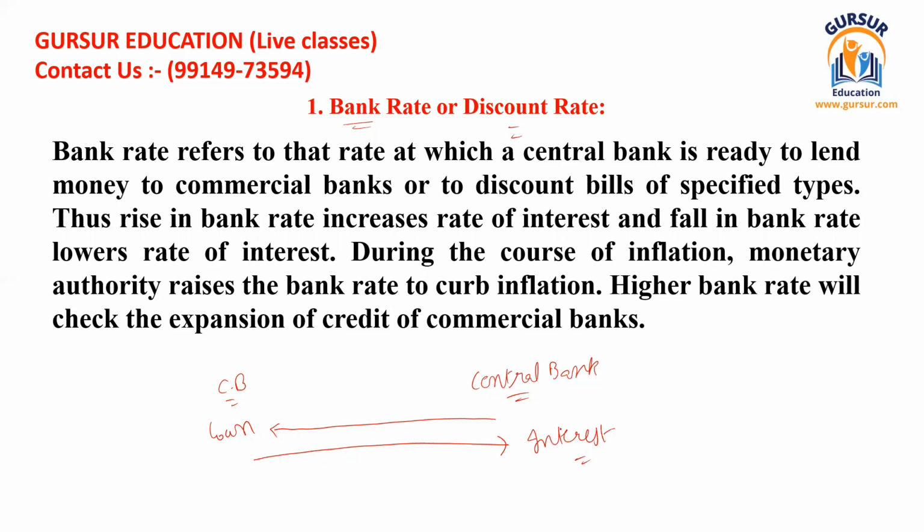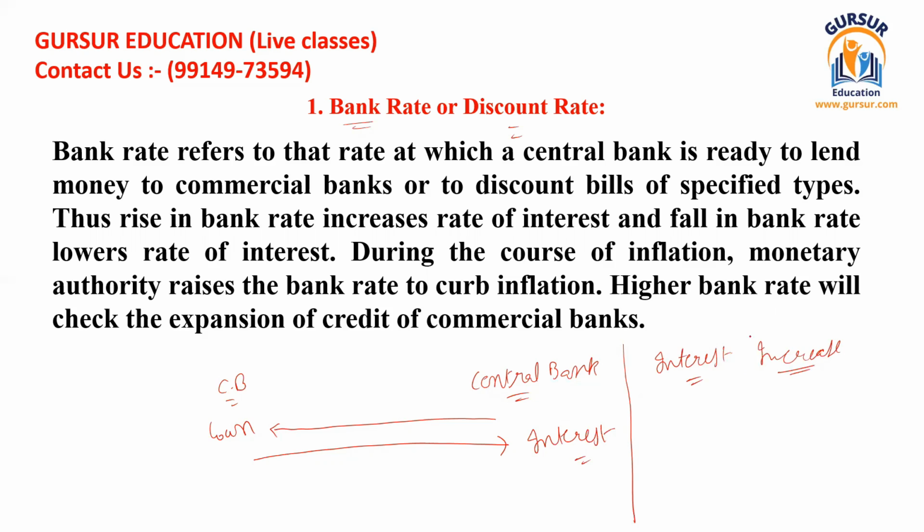Okay, how is this done? So first of all, what happens? The central bank can increase the bank rate or decrease the bank rate in order to manage inflation. So just try to understand this. If the bank rate is increased, then what happens?